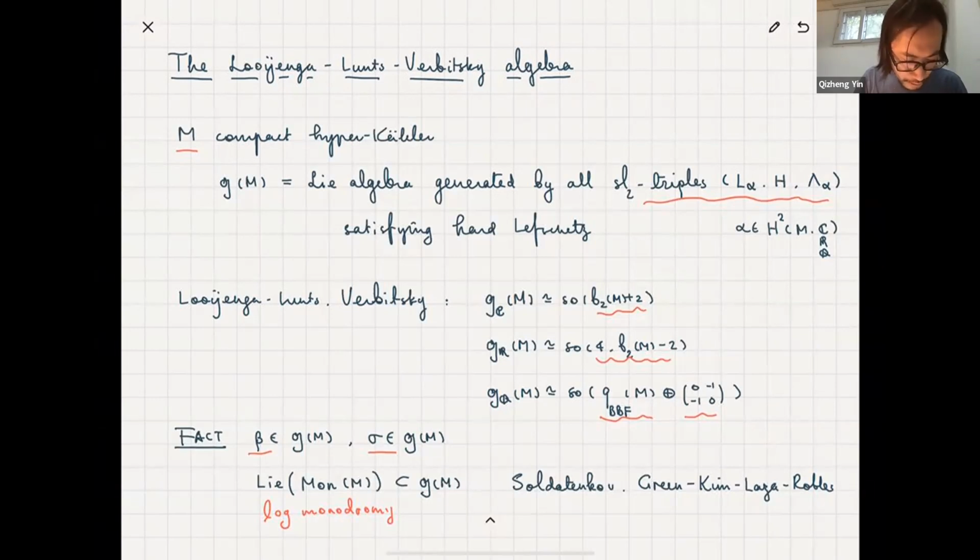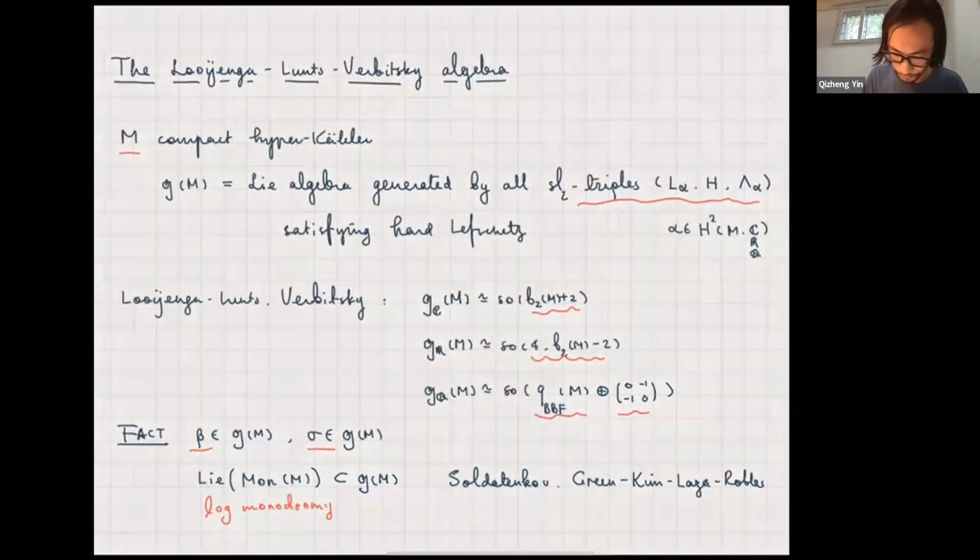So this algebra is key to many recent results on the cohomology of hyperkähler manifolds. And this is also how we prove the perverse Hodge identity in the previous slide.